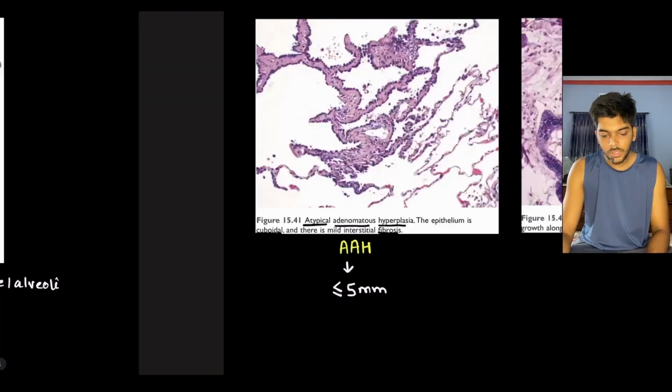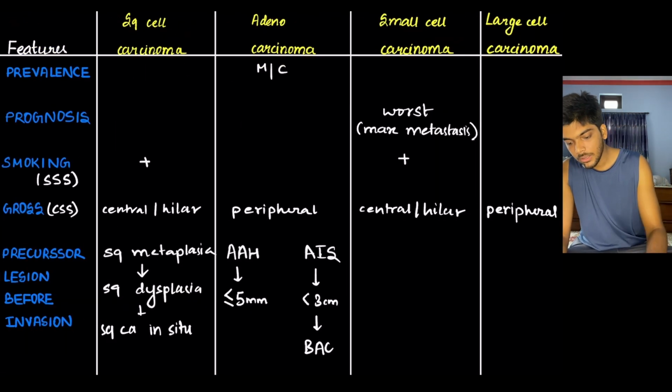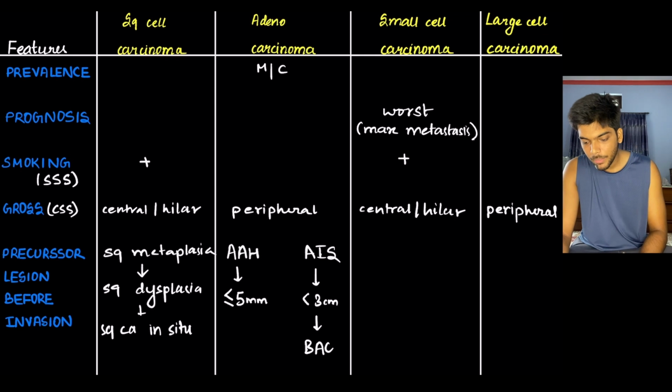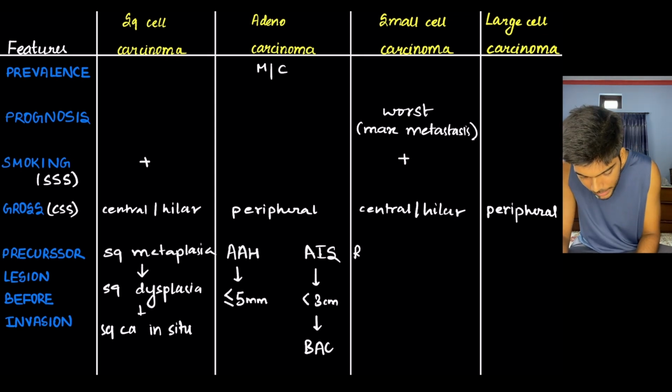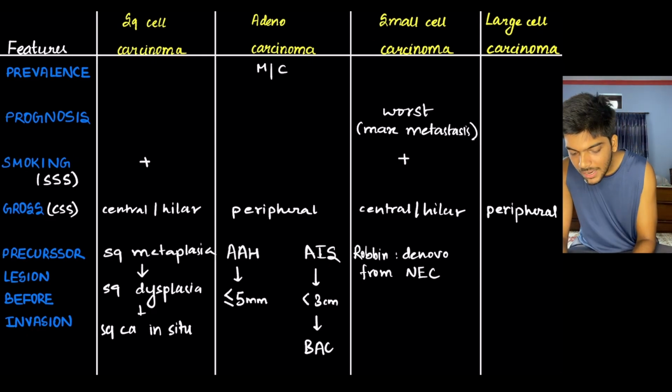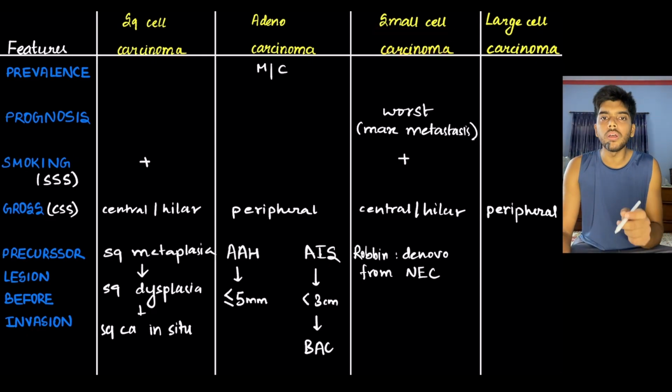Okay. Precursor. Third, small cell carcinoma. According to Robbins, small cell carcinoma arises de novo from neuroendocrine cells. Small cell carcinoma is a neuroendocrine tumor, and I've already taught neuroendocrine tumor in detail under carcinoids, under GIT pathology.